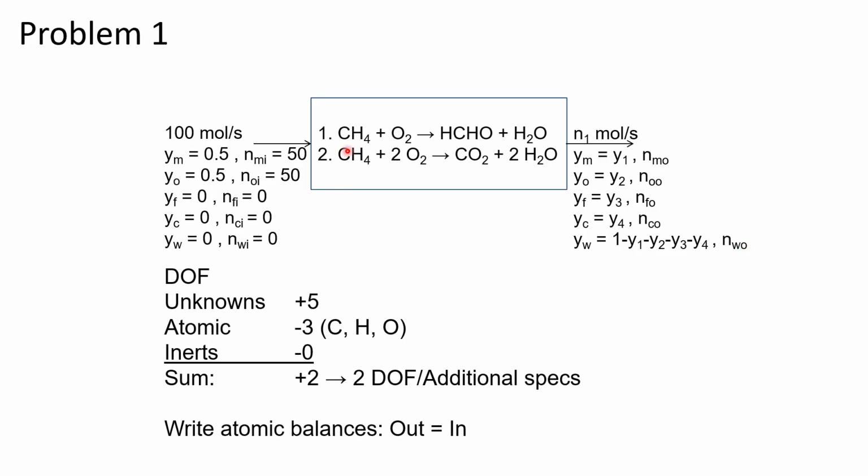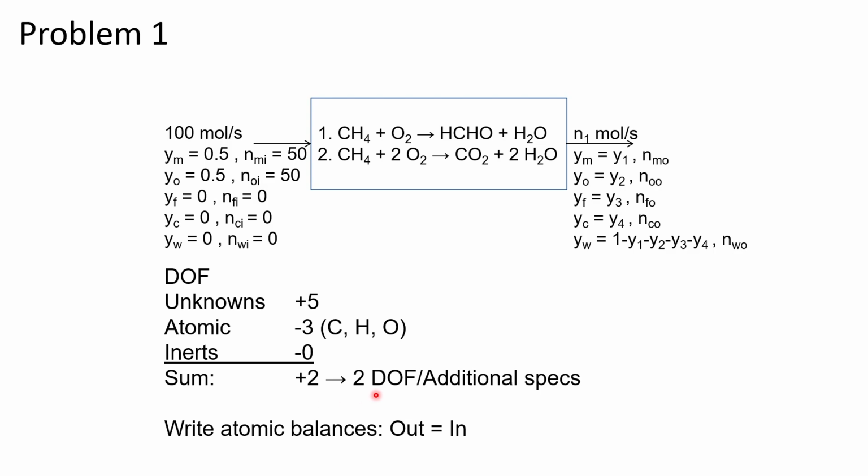If we count the species that are present in the molecules that participate in these reactions, we find that there are 3: carbon, hydrogen, and oxygen. Those are the only 3 atoms that participate. There are no inerts in the feed, so we'll put a 0 here for inerts. There are no other equations known right now, so we'll take the 5 unknowns, subtract off the 3 atoms, subtract off 0 for the number of inerts, and we end up with a plus 2.